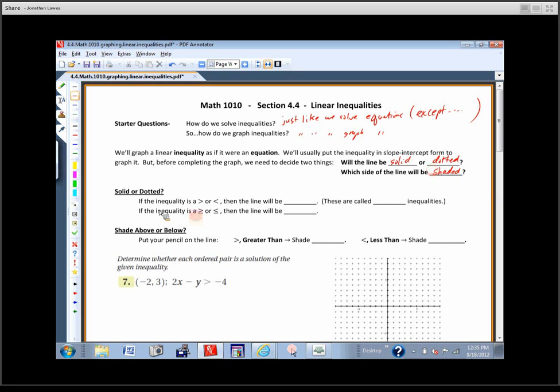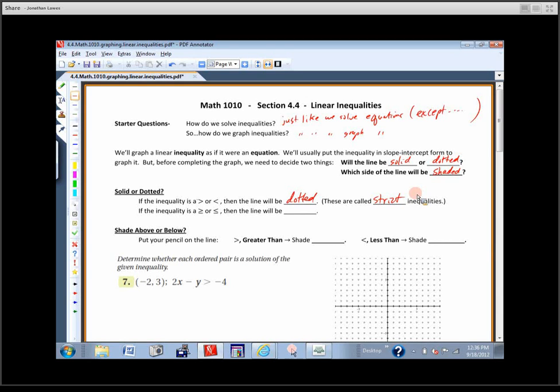So for the solid or dotted question, we look at the inequality. Now these two types of inequalities here, this is a greater than, this is a less than. Okay? If you have one of those, you'll notice that it can't be equal to the line. So since it can't be equal to the line, then we do a dotted line. Okay? These are called strict inequalities.